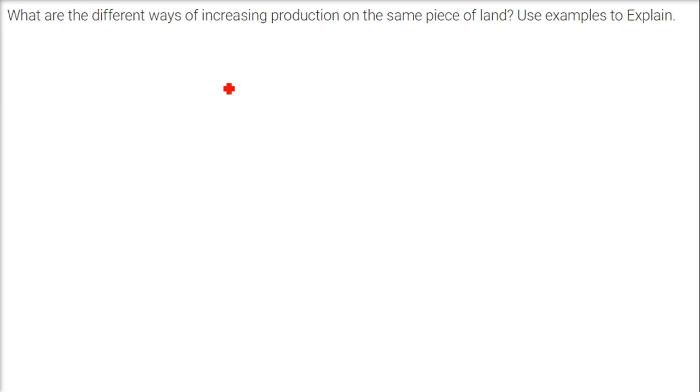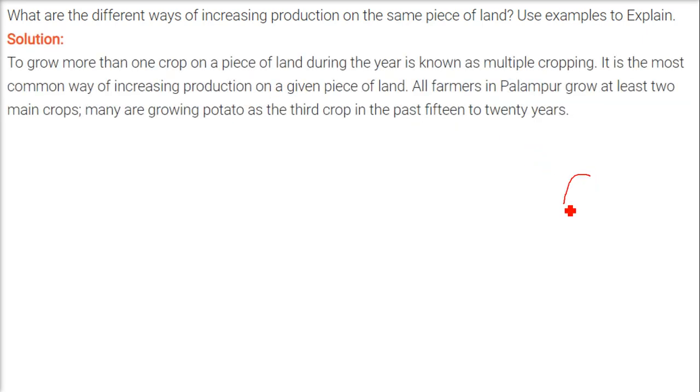What are different ways of increasing production on the same piece of land? Use examples to explain. When we have a land which is fixed, there are 2 methods. First is modern farming. If you have this, then you can use HYV, high yielding variety seeds.